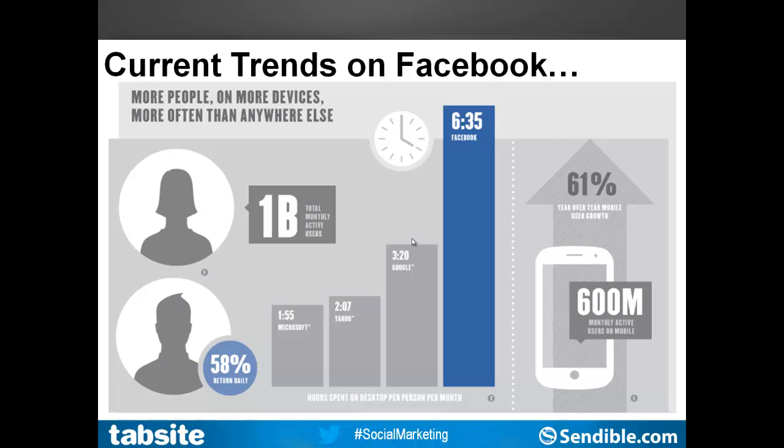Next to it, the next largest, Google, at 3 hours and 20 minutes, Yahoo at just over 2 hours. So this means Facebook is a place where people are spending time, and therefore how your business is represented there is very important.